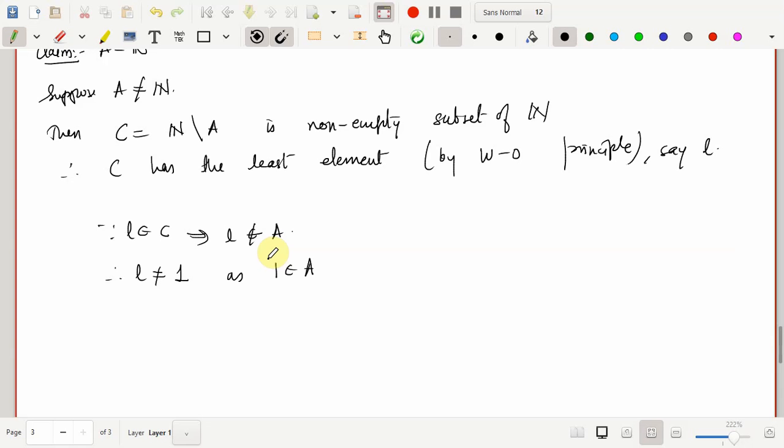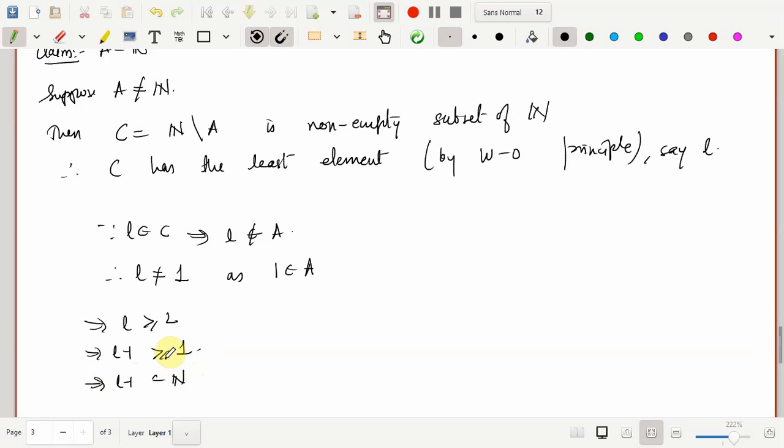So L minus 1 is greater than or equal to 1, which implies that L minus 1 is a natural number. It starts from 1 onwards, because L is a natural number.